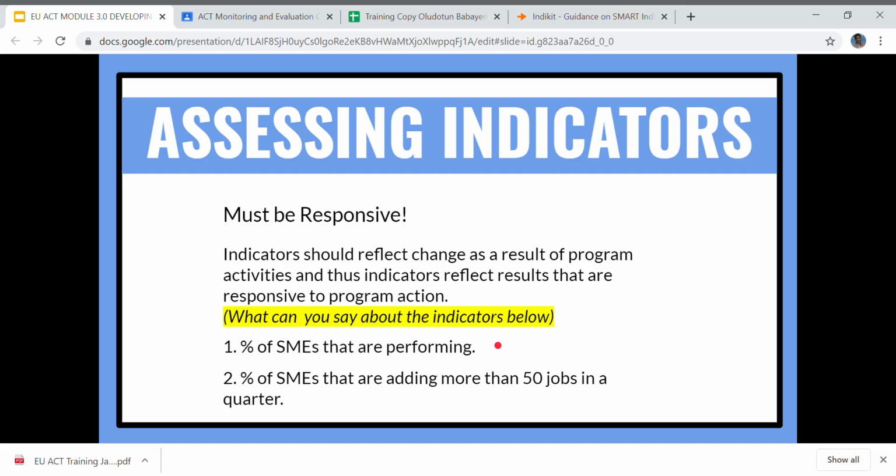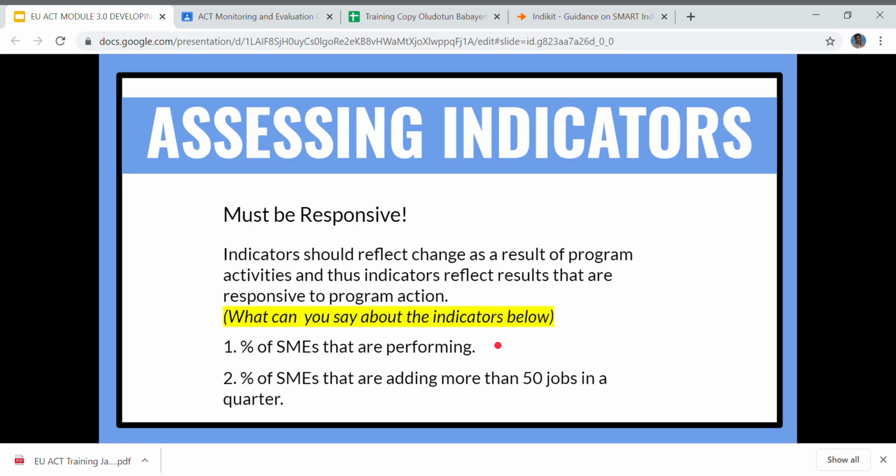Instead of you saying the percentage of CBOs that are performing or that are doing community mobilization, you can say the percentage of civil society, community-based organizations in your program that are conducting more than 20 mobilizations in a quarter.